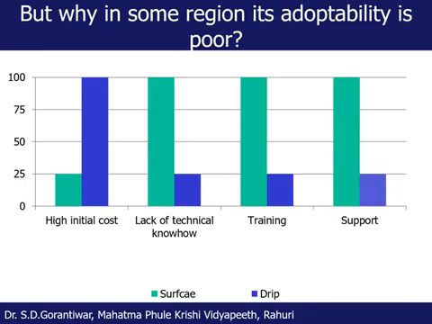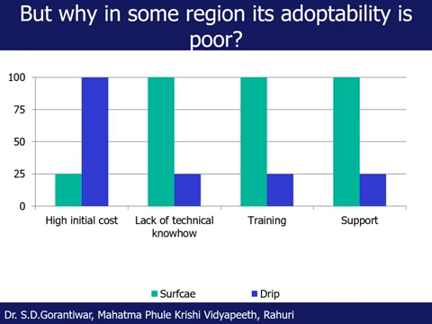Support actually, in case of surface irrigation method, there is 100% support available within themselves, but in case of drip the support is still less, and therefore there is a need for enhancement of the support at all the levels, and these are the reasons why in some regions its adaptability is still poor.